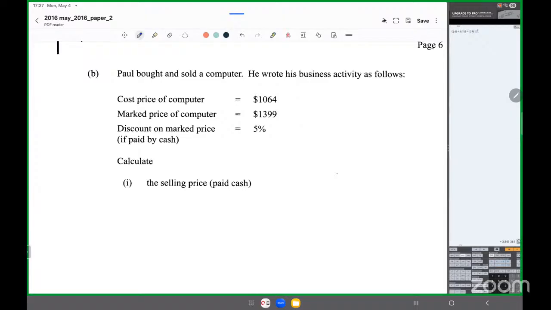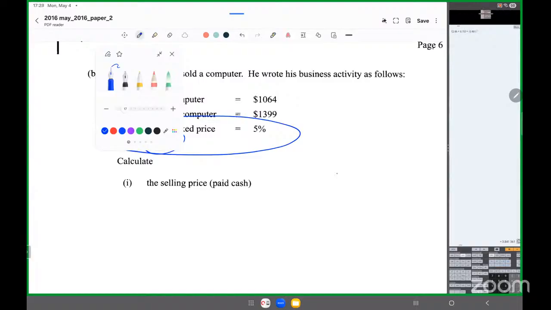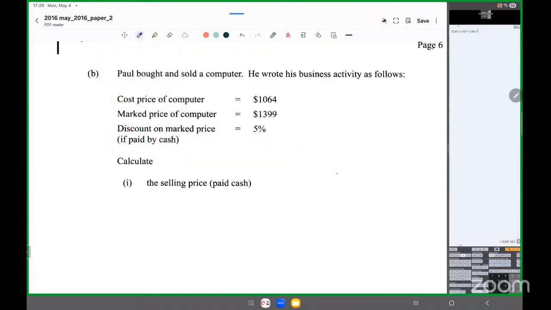And here it says a discount of 5% is offered if somebody pays cash. So if you go there and pay them cash, they're going to give you a 5% discount. If they give you a 5% discount, it means that you're paying 95% for it, because they're taking off 5% of the 100%. It says, what is the selling price when you pay cash? The selling price becomes 95% of the marked price.